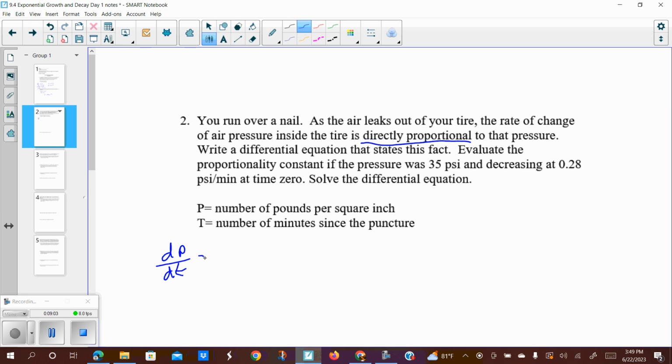That is going to be directly proportional to the pressure. So the direct proportionality constant is K, and P is the pressure. Now, we're not going to go into this heavily, but if this was an indirect proportionality, then it would be a division, because as one thing goes up, the other one would go down. So it would actually be P over K instead of K times P.